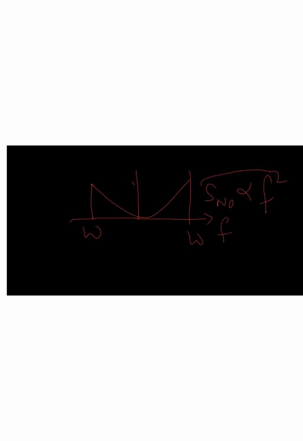Till now we were saying that the power spectral density remains constant. This was a general concept, N0 by 2 for white noise, but in an FM receiver the power spectral density varies with the square of the frequency.